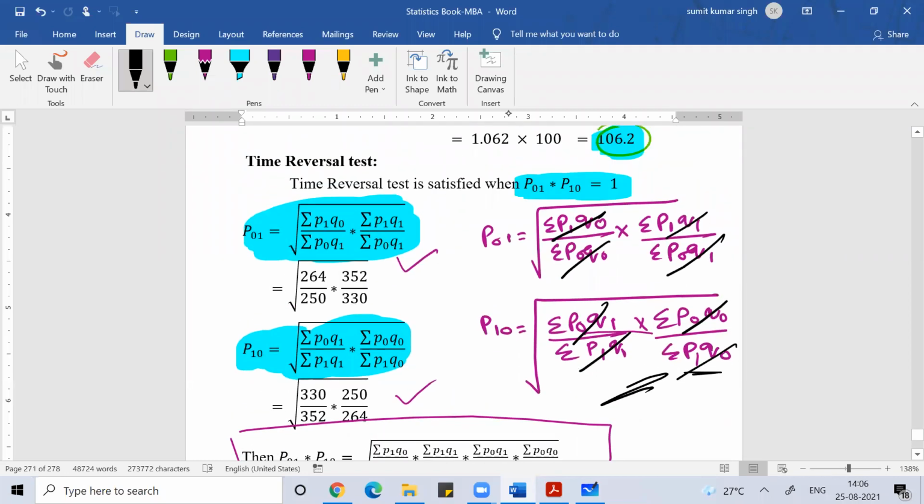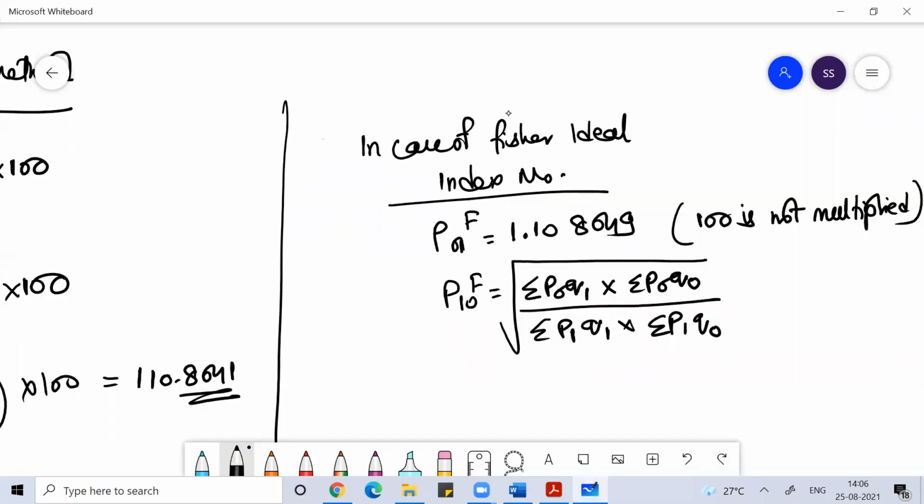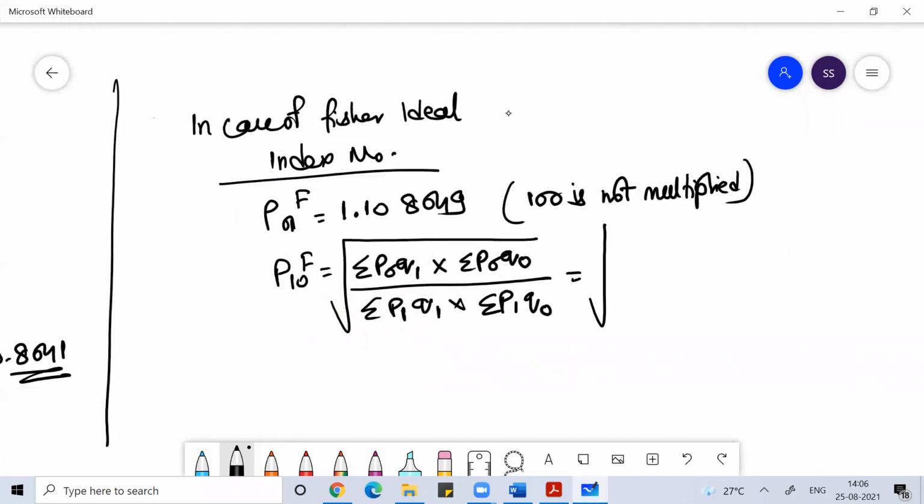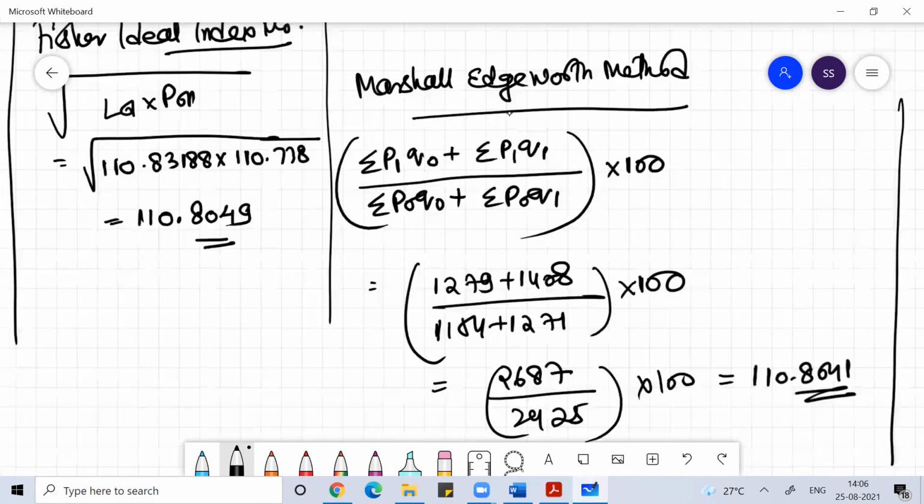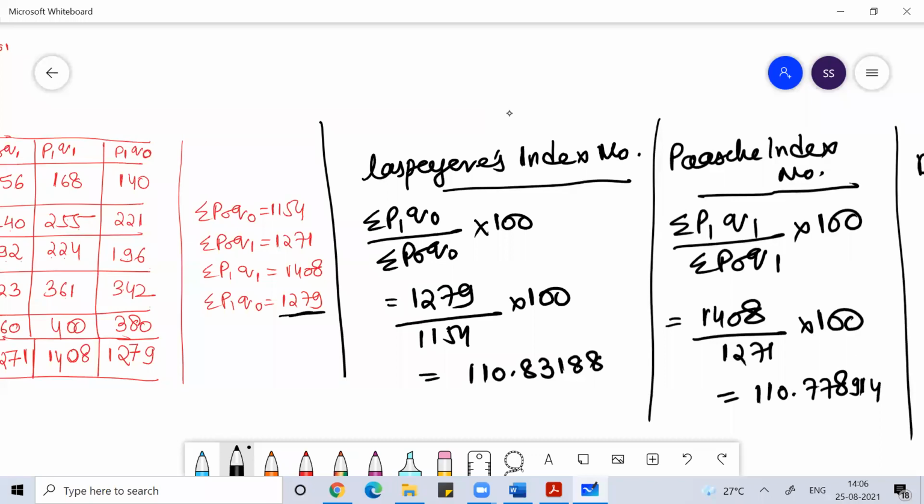Let me write the values with the pen here. P0Q0 is 1154, P0Q1 is 1271, P1Q1 is 1408, and P1Q0 is 1279.